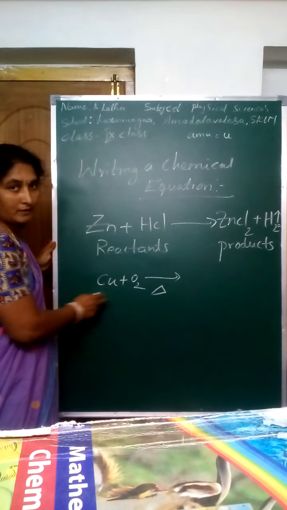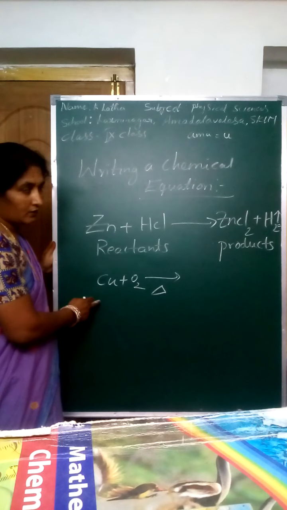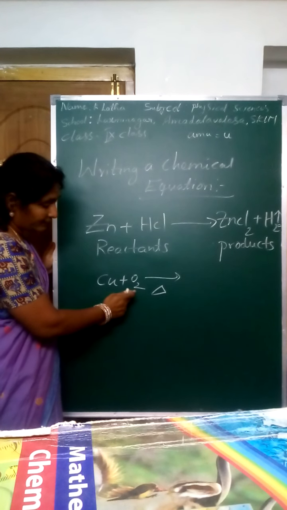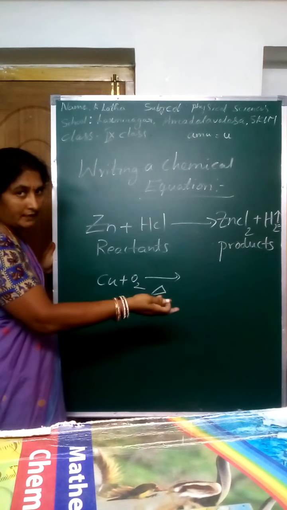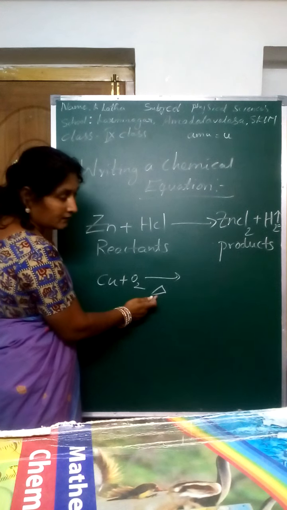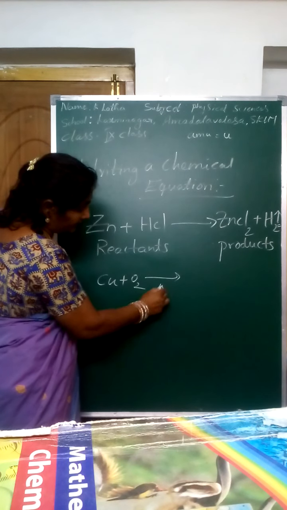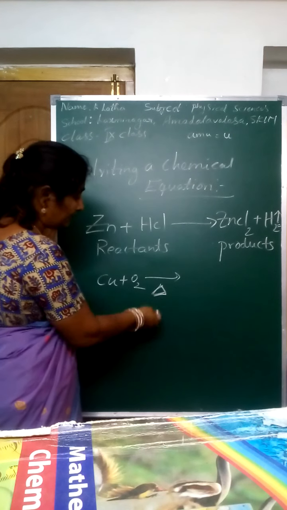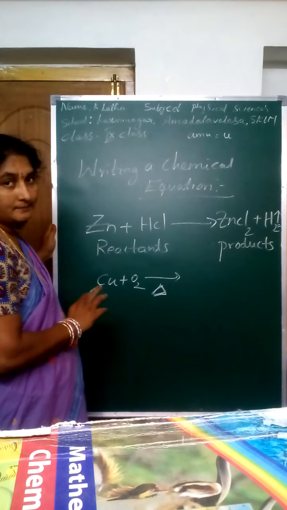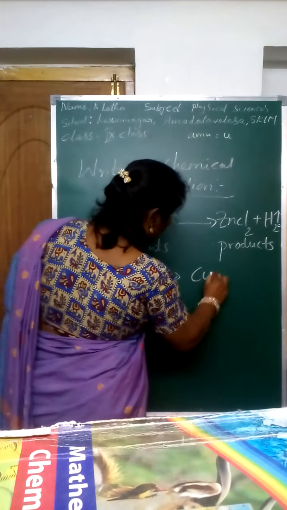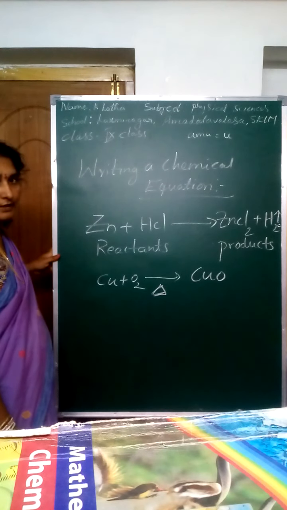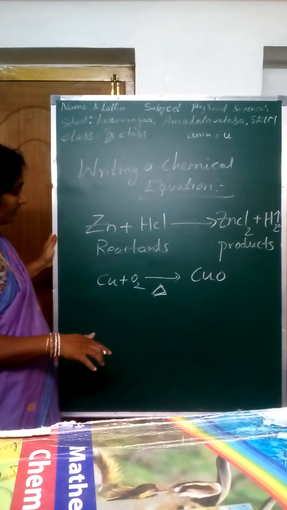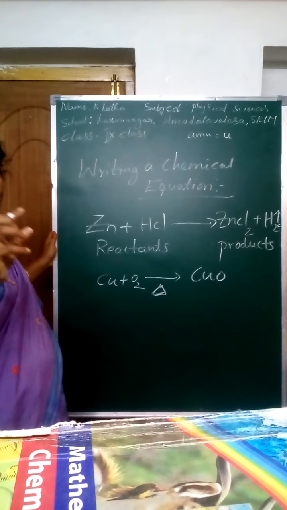Then only these two will combine with each other, otherwise they can't. That's why I drew the triangular symbol. If there is a triangle symbol, they are using some heat. Then CuO, copper oxide, will be formed.